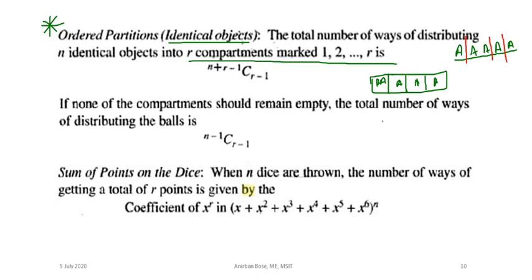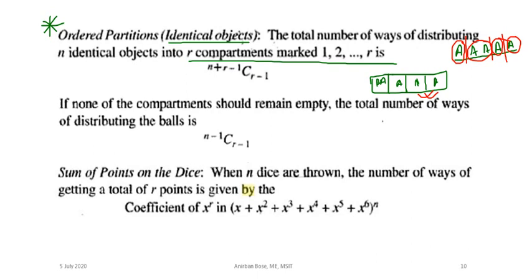In this way we have divided all the objects into 4 different segments. Here you can see in this segment only 1 is there, in this segment 2 are there, in this segment 1 is there, and in this segment 1 is there. So by 3 lines we can divide it into 4 compartments, because in your question there are 4 compartments. For that, how many lines do we need? We need only 3 lines.